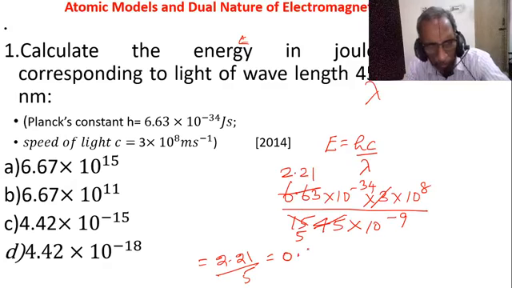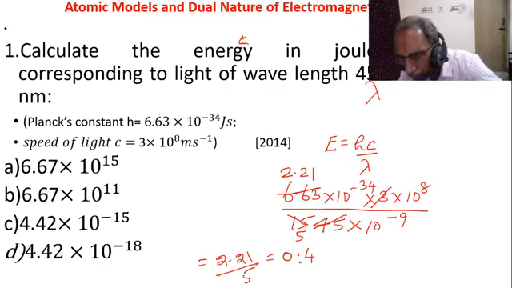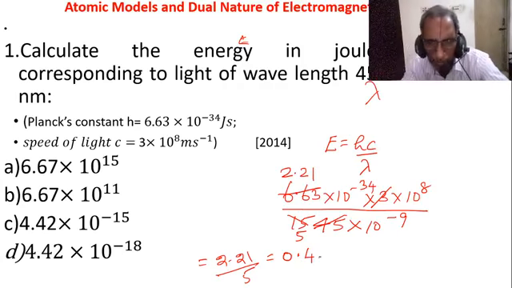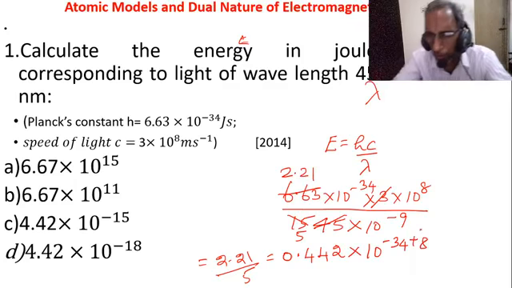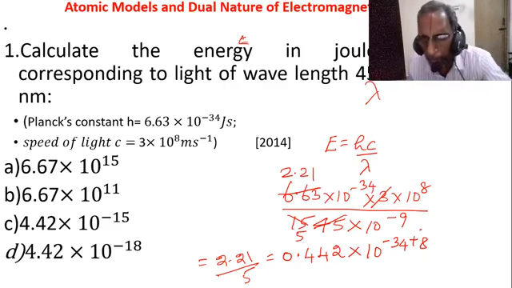Good, 2 of you have given the correct answer. 4 5s are 20, 4 5s are 20, 2 5s are 10. So 0.442 into 10 power minus 34 plus 8, because you know the formula, a power m into a power n is equal to a power m plus n.